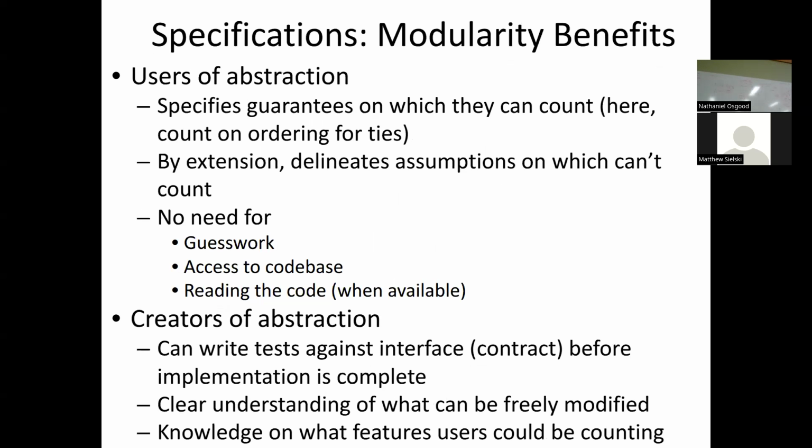So if we can achieve that, we've achieved many benefits. And I'm not going to dwell on these more. I've emphasized these benefits broadly for users of the abstraction and the creators of the abstraction.